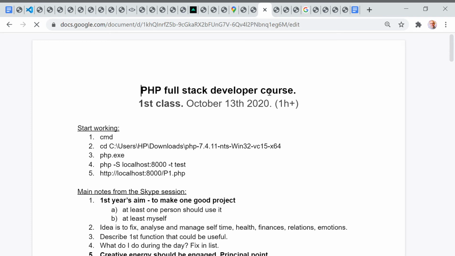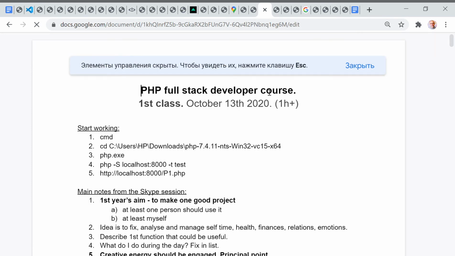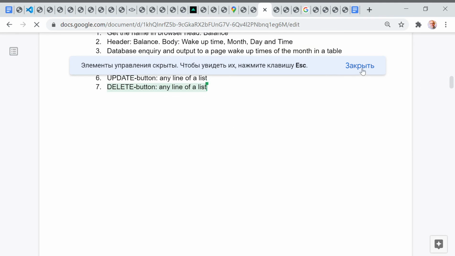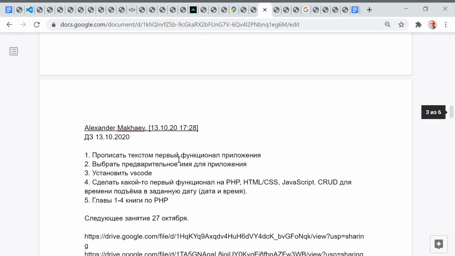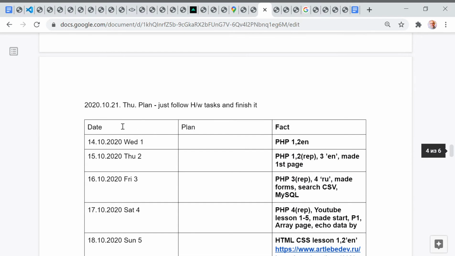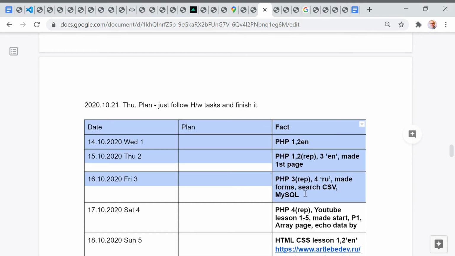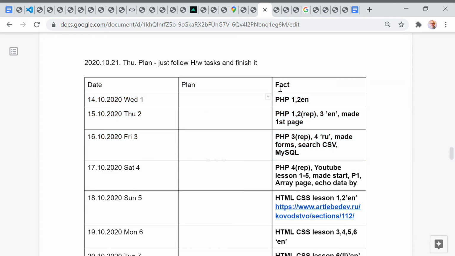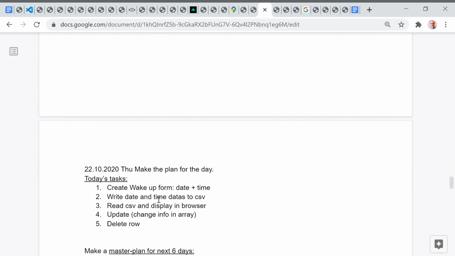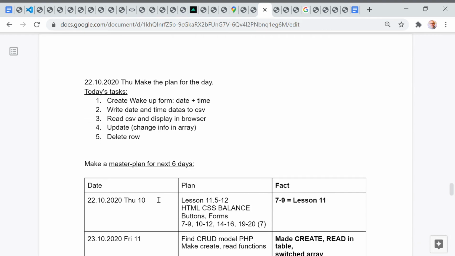actually I should make a proper plan for planning my time. So then what I did is I made a plan. Alexander gave me the homework, and then I made a plan. Actually, I fixed what I had already done, what material, during 8 days, and then I made a plan for the next few days.